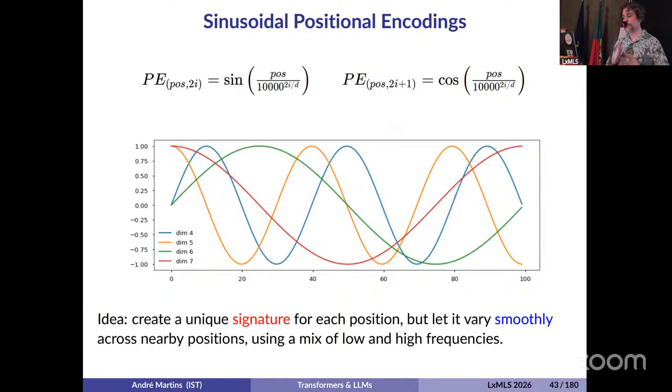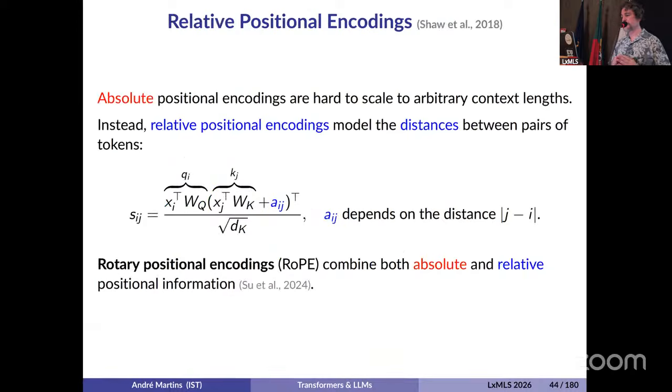And using a mix of low and high frequencies is good because some of these embedding dimensions can capture more global phenomena, like are we in the beginning of the sentence or in the end of the sentence, and other dimensions can capture something a little bit more granular. So this was the solution that was proposed in the transformers paper.